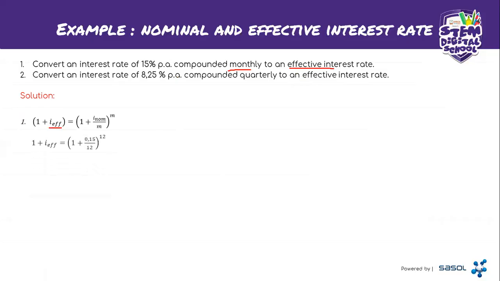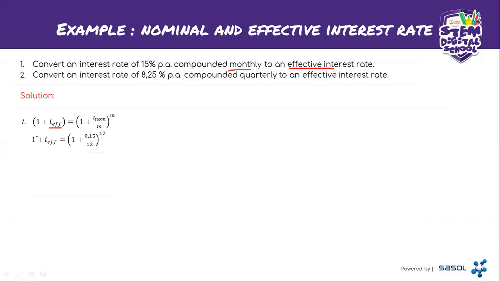The second step, we substitute. Remember, the 15% we divide by 100, and since it's compounded monthly we divide by 12, and the power is also 12. We don't have a number of years here, so we only use the compounded period.